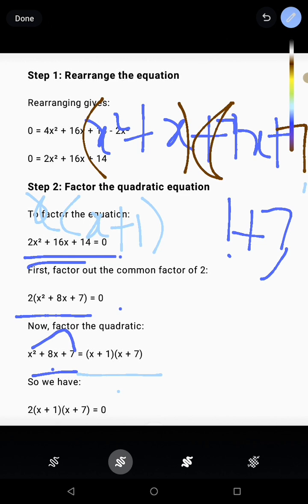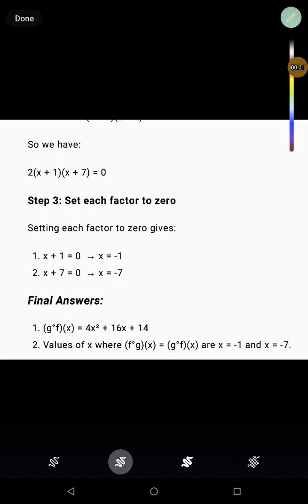Now, these are our factors, right? Once the product of 3 things equals 0, there is a rule: either one or the other will be equal to 0.